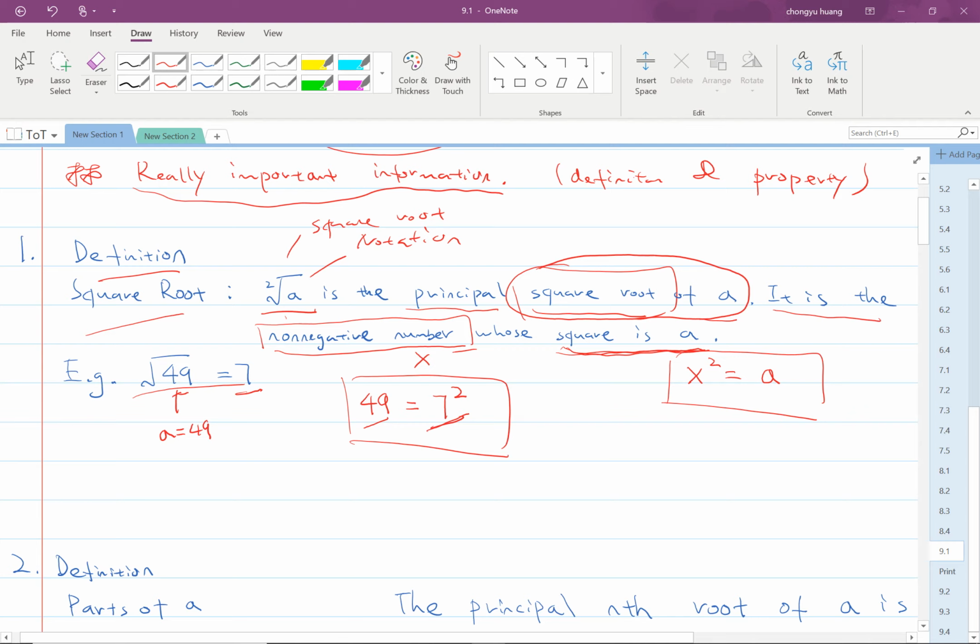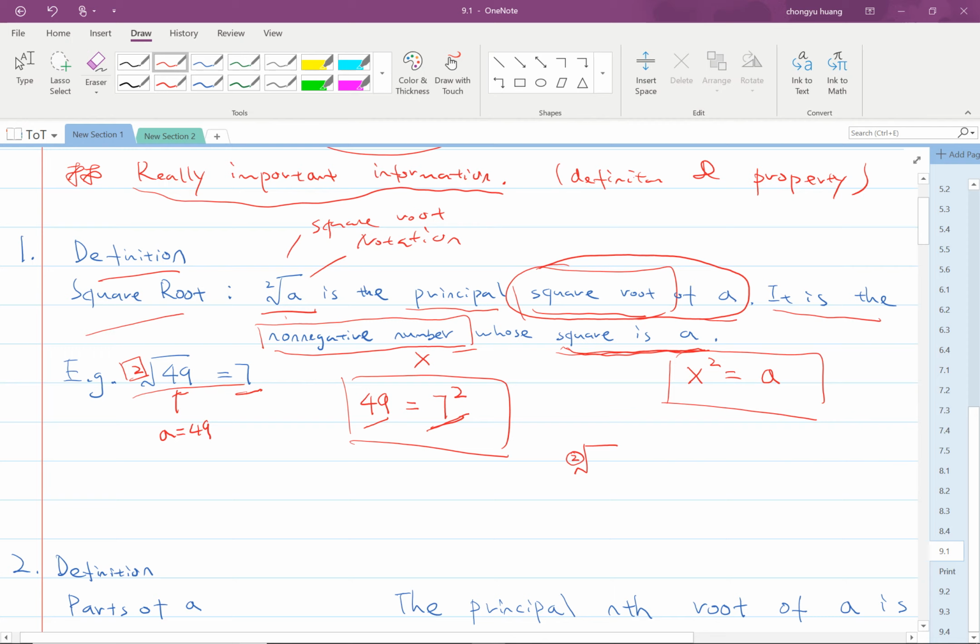That's another way of solving for a square root. Over here, if nothing is written, you assume that it is a square root, because 2 is the default index. If there is nothing there, you assume it is equal to 2.